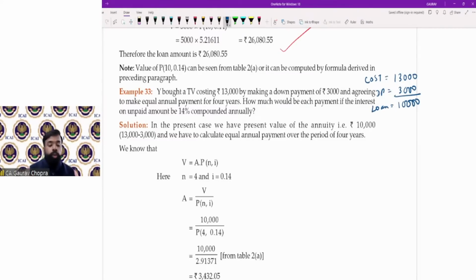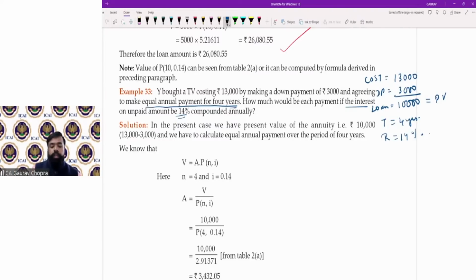So this much loan the person has taken and agreeing to make equal annual payment for 4 years. So what is the tenure? Tenure is 4 years. How much would be each payment if interest rate is 14%? So rate of interest is 14% compounded annually. So what is given in the question? Present value is given, time is given, rate is given. Okay. So now you can find the answer.